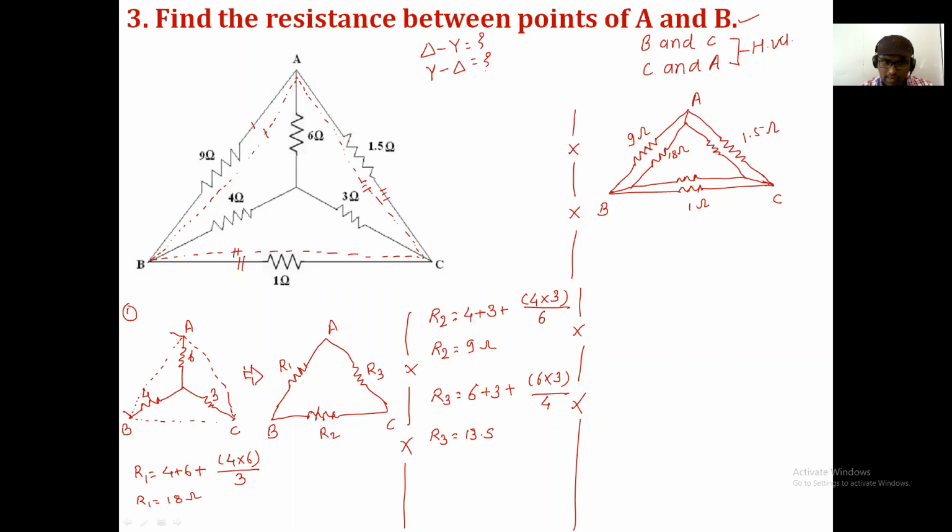So I need to place the 18 value here. The resistance in between B and C, we assume as R2. Now R2 is 9 ohm. And the resistance in between A and C is R3. R3 is 13.5 ohm. Is it right? Now we know that this 9 and 18 are connected in parallel.